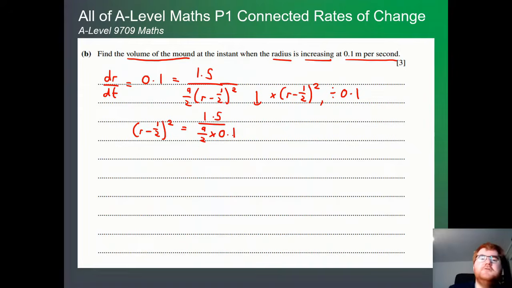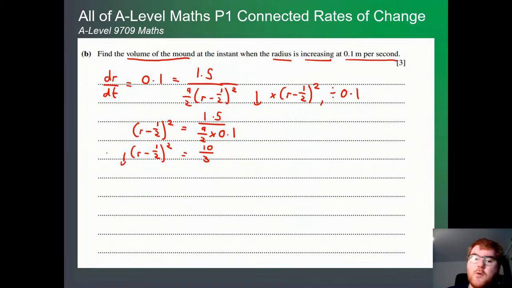So I'm kind of doing this in one stage rather than two, but you could always do this in 2 separate stages. If we work out what's on the right hand side here, I'll do this quickly. So 1.5 divided by 4.5 times 0.1, that gives us 10 over 3. And actually this is in a very nice form to solve this quadratic quite quickly.